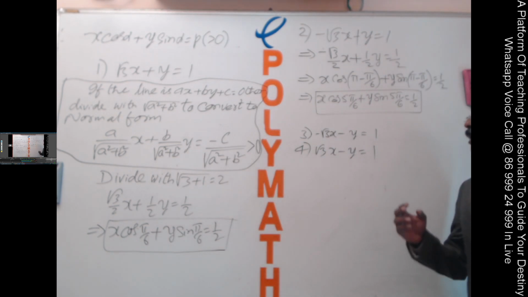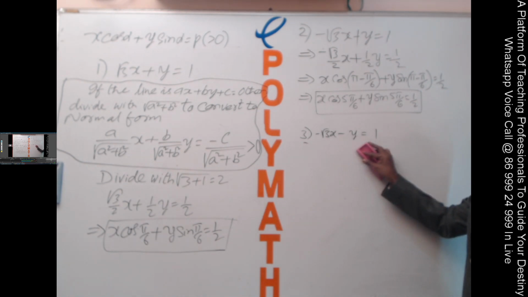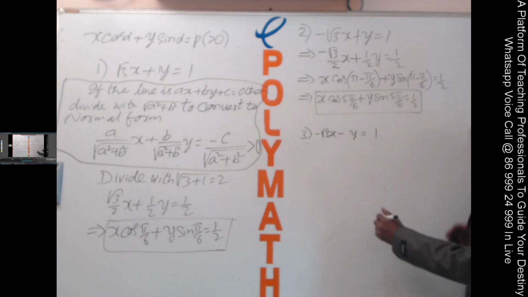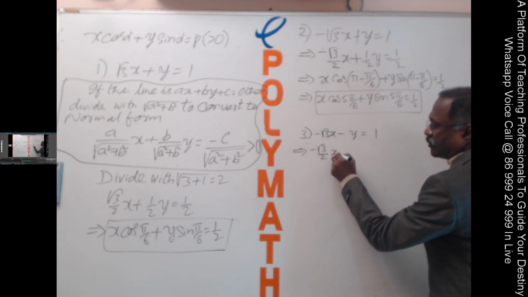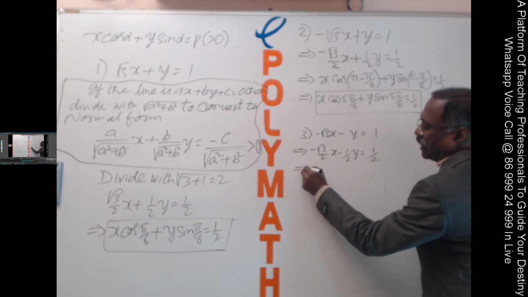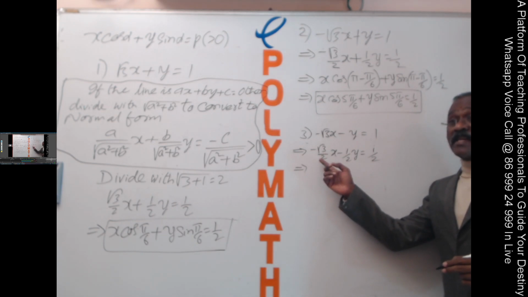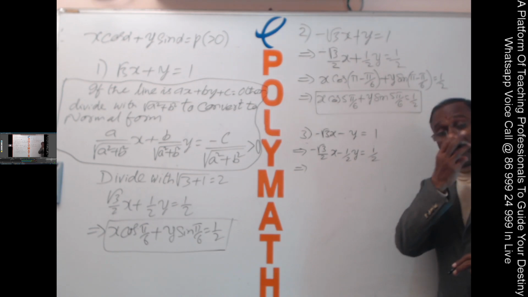Now, let us come to the third one: minus root 3x minus y is equal to 1. The same in this case also: minus root 3 by 2x minus 1 by 2y is equal to 1 by 2. Thereby, cos is negative and sin is negative. Both are negative in the third quadrant.